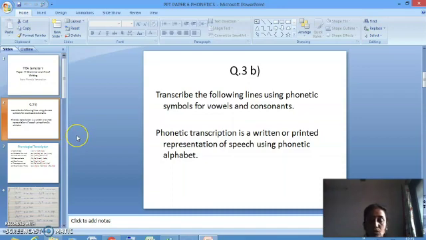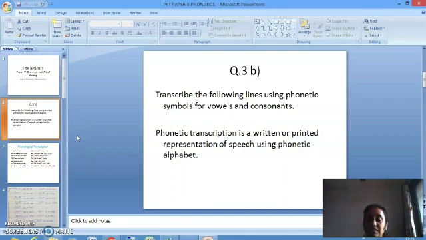Okay? So, what is phonetic transcription basically? It is written or printed representation of speech using phonetic alphabet.